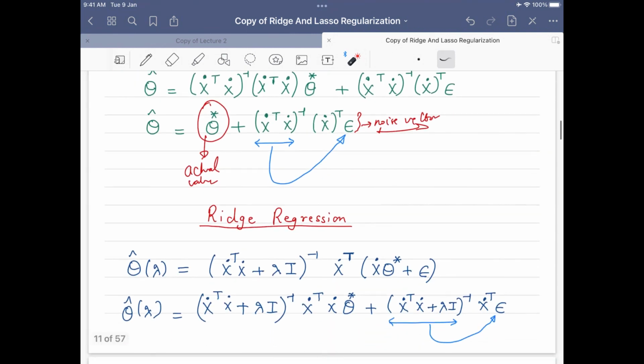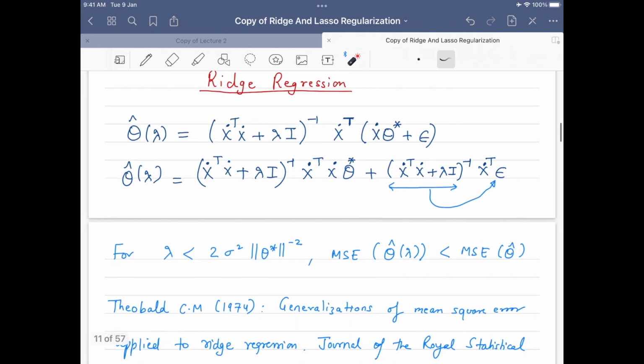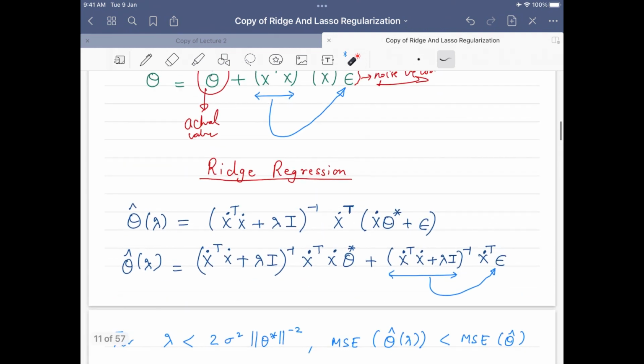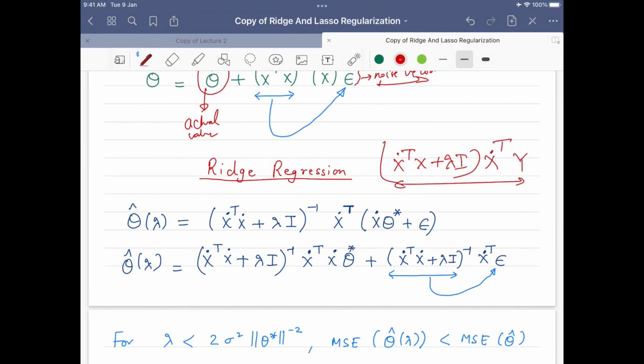Let us see how lambda will help us in solving this. So here you can see, if you put the value, this is basically x transpose x plus lambda I times x transpose y. This expression we have already derived earlier. So now I am putting the value of y as this one, which we are telling is this.